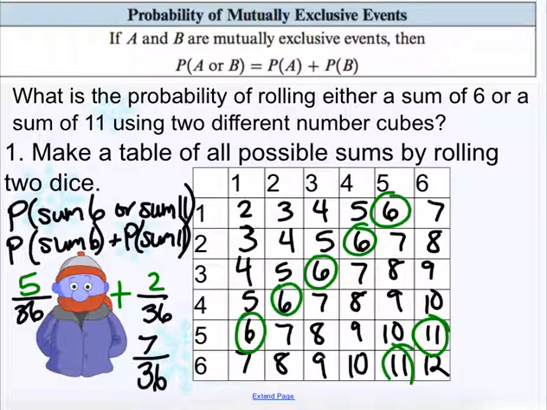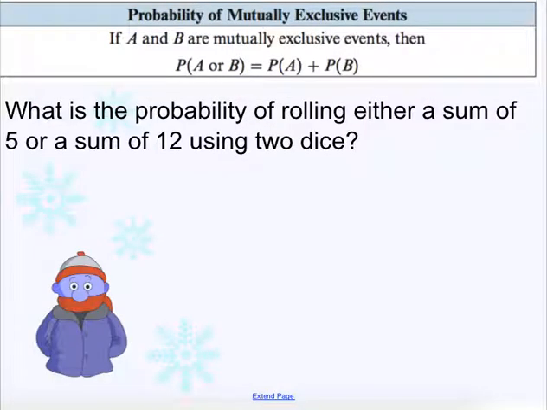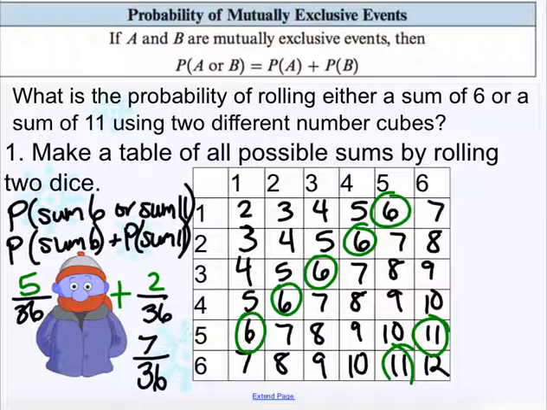Okay, let's try another one. What's the probability of either rolling a sum of 5 or a sum of 12 using the 2 dice? So sum of 5 or sum of 12. Let's go back to this chart, and if I am looking for a sum of 5, I'll circle them in pink. Now we have 1, 2, 3, and 4.